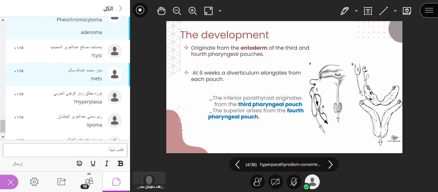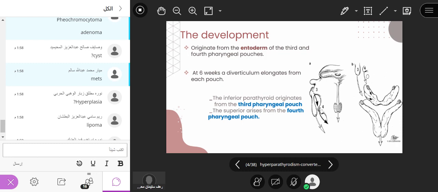The parathyroid gland is developed from endoderm of the third and fourth pharyngeal pouches at the sixth week, with diverticulation of each pouch.